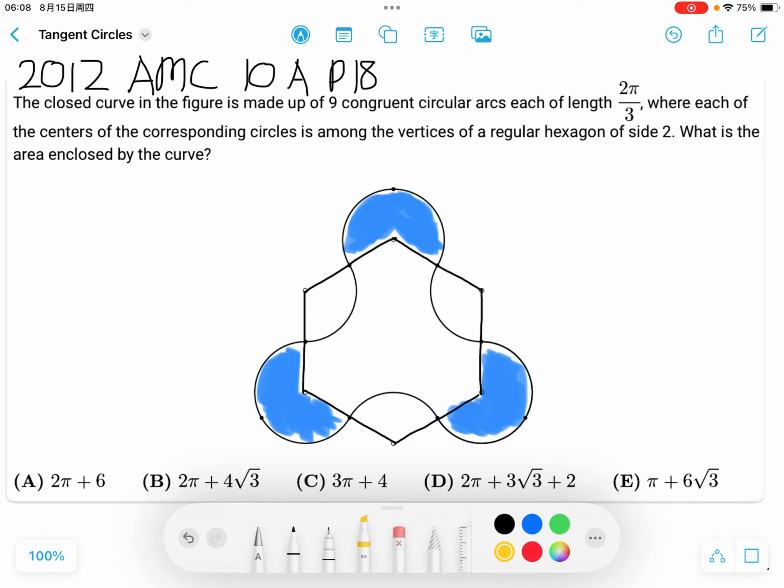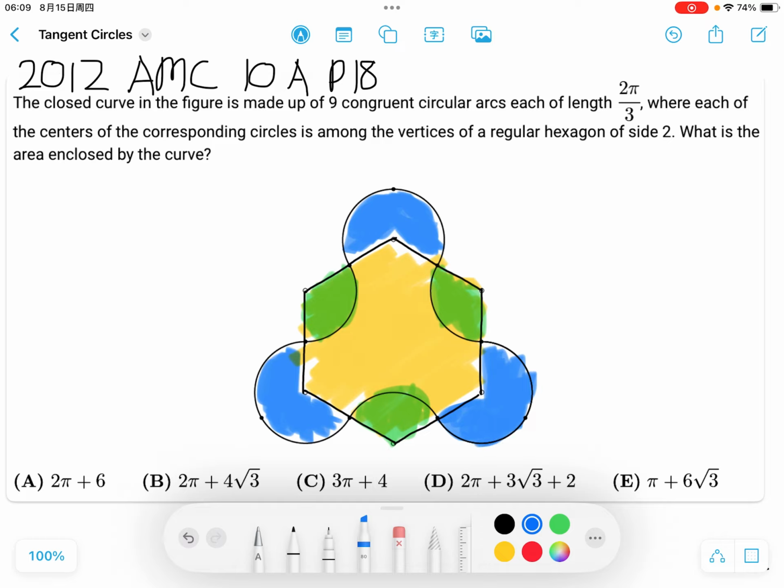We can figure out the area of the hexagon, and then you subtract that area from these 3 green sectors that are congruent. Like this. You subtract that yellow area with the area of the hexagon from the 3 green sectors, and then you sum the resulting areas up, and you get whatever you want.